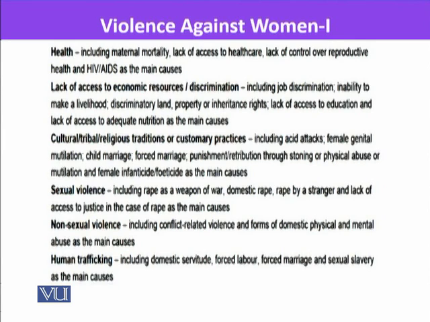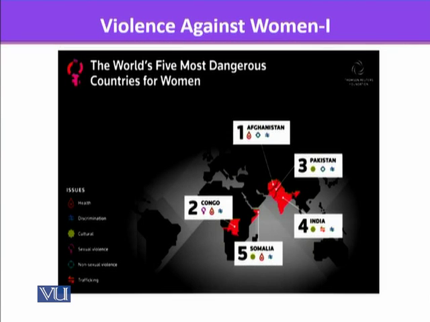Based on those rankings, the Thomson Reuters Foundation designates each year the countries that are most dangerous to women. The five most dangerous countries to women, according to this ranking, were: number 1 Afghanistan, 2nd Congo in Africa, 3rd Pakistan, 4th India, and 5th Somalia.